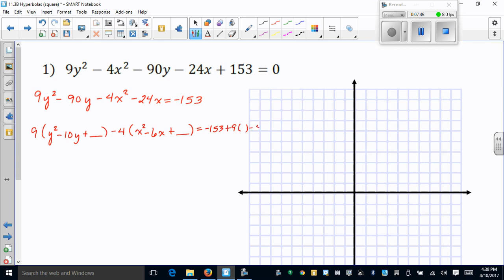Okay, that some number is 10 divided by 2 squared, and this is 6 divided by 2 squared.